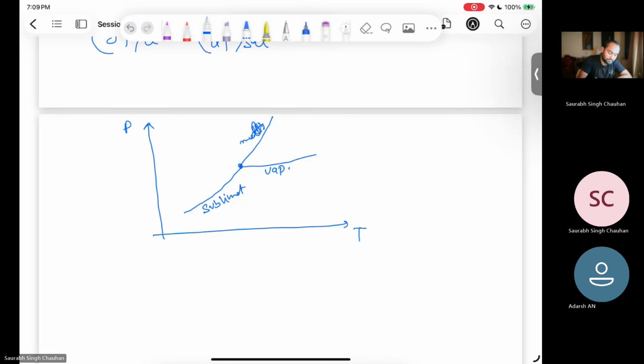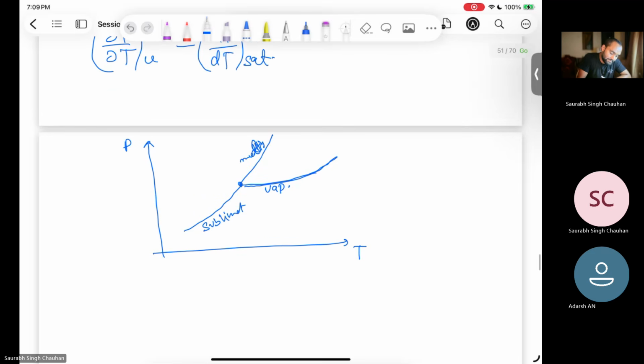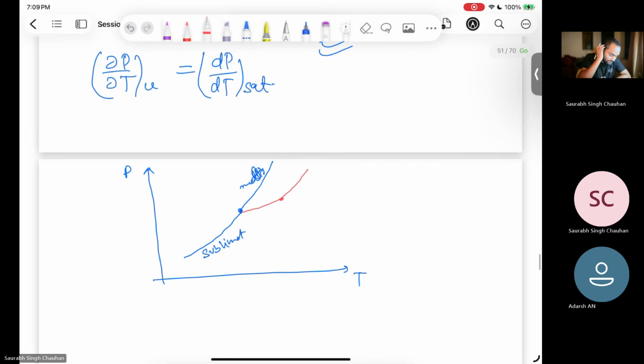Fine. So this PT dP by dT basically means the slope of this particular line, right?